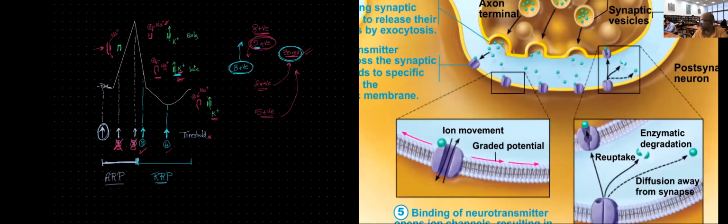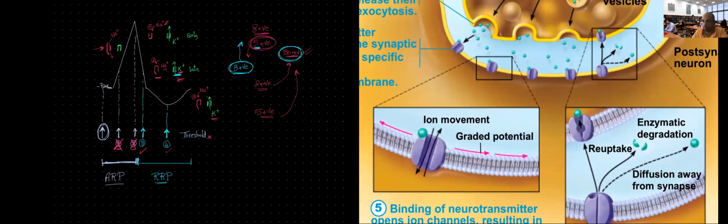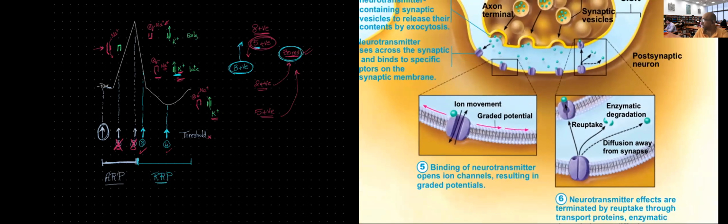So it allows the opening of the sodium channels and the opening of the potassium channels. Would I keep them open forever, creating an unlimited number of action potentials here in the postsynaptic neuron? No. What you're going to do to this neurotransmitter is either degrade it, break it down, or reuptake it back to the presynaptic neuron to terminate its action.